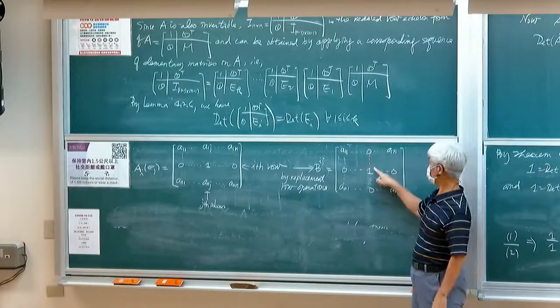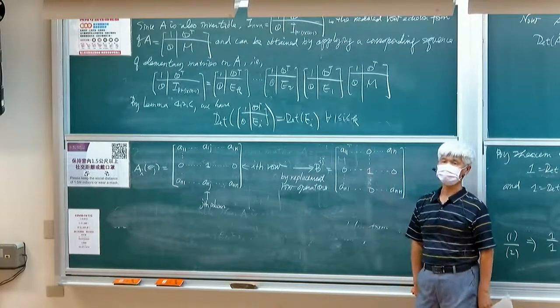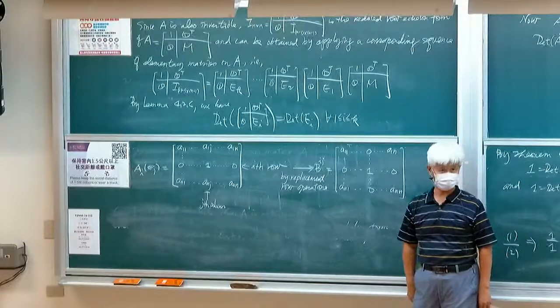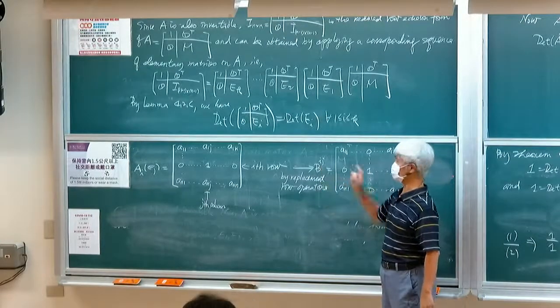We eliminate all the nonzero entries above and below this entry. Is that okay? And this matrix we'll call Bij.